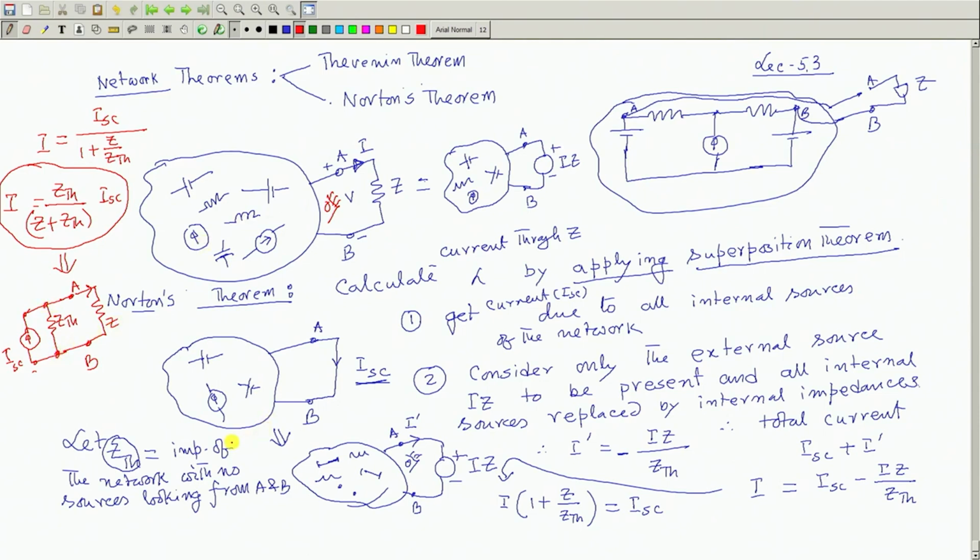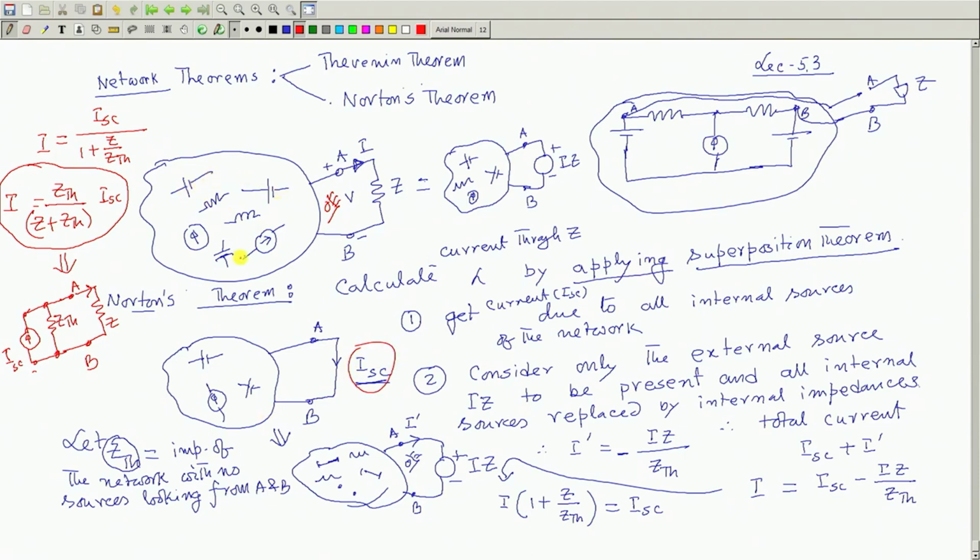Now, what is this I S C? How do I get? To get I S C, you find out the short circuit current, and solve that network to get I S C with all sources present, that is what this is I S C. And how to find out Z Thevenin's?